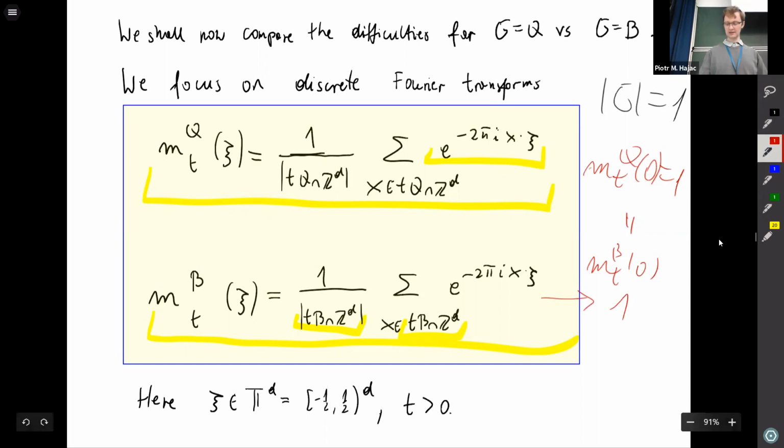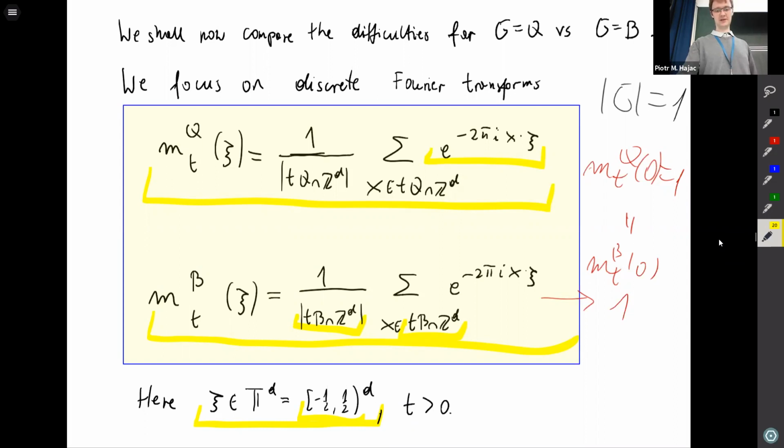Okay, here psi, since we are not on R^D anymore, has to be restricted to this set. It's called the torus, and the specific version of the torus I would like to use is minus 1/2 to 1/2, to the power d. Because these functions are periodic there, it's enough to consider them only on this set, not on others. So yeah, they look like this.